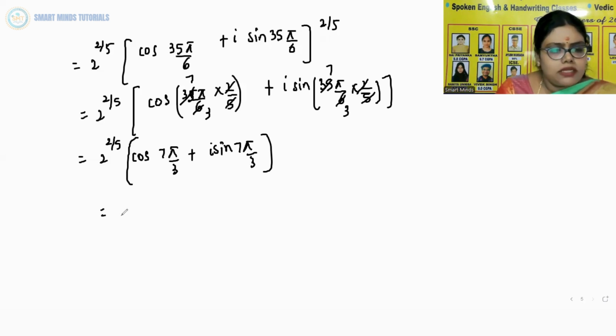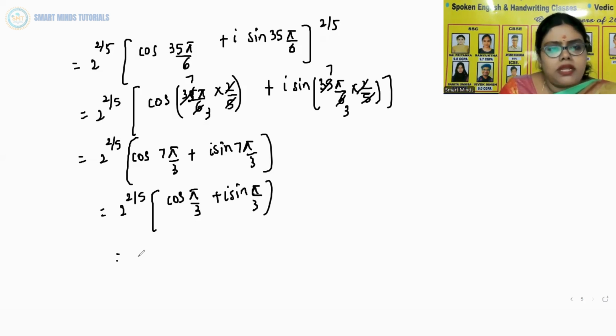So that is 2 power 2 by 5 into, now cos 7 pi by 3 can also be written as cos pi by 3 plus i sine pi by 3. So that is 2 power 2 by 5 into, cos pi by 3 is 1 by 2, sine pi by 3 is root 3 by 2.